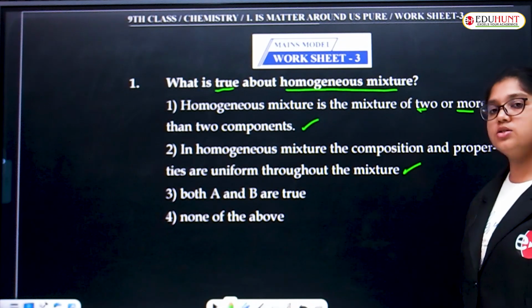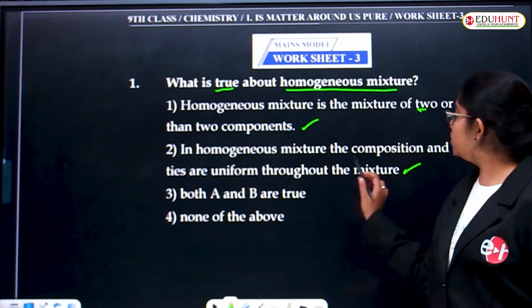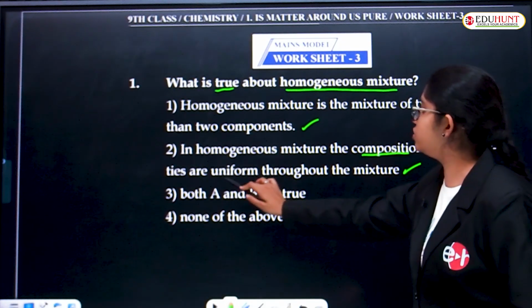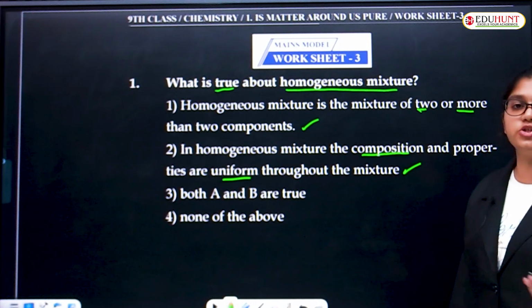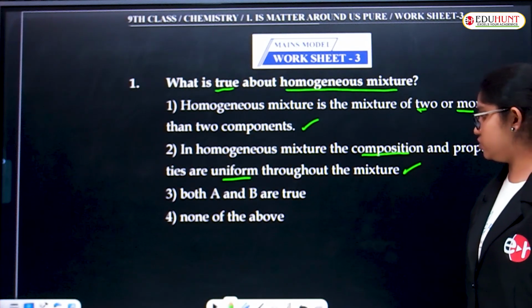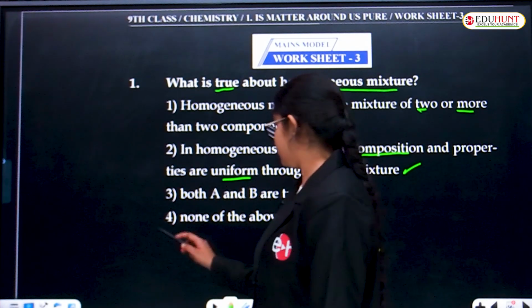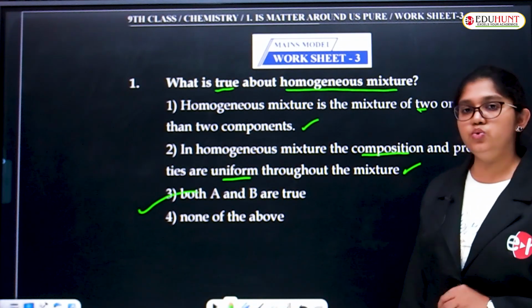Yes, because in homogeneous mixture the properties are mixed thoroughly, so they have uniform composition throughout the particular mixture. That is the reason option 2 is also right. Option 3, both A and B are true. Option 4, none of the above. So what do you choose? Option 3 is right because both A and B are true statements.